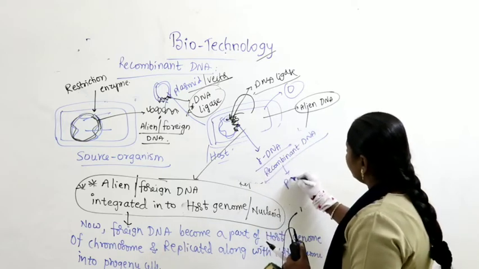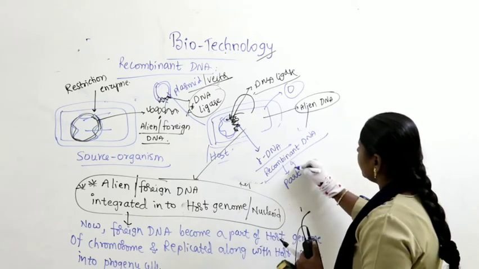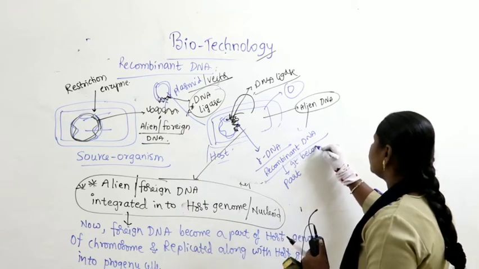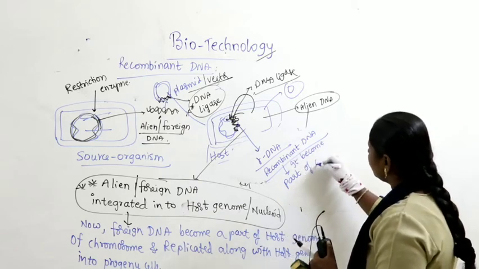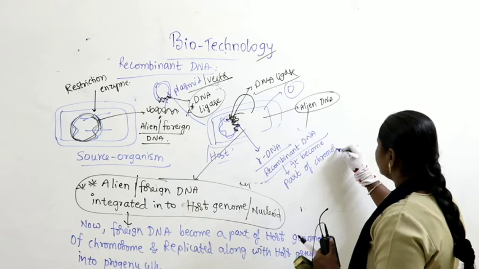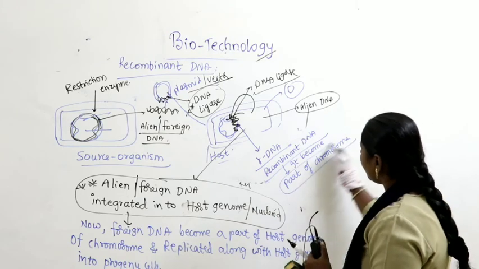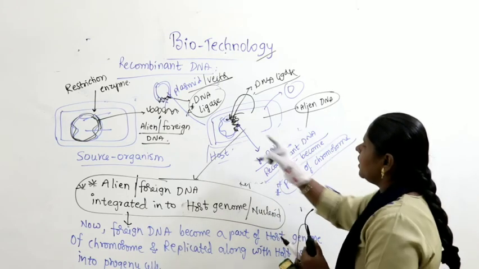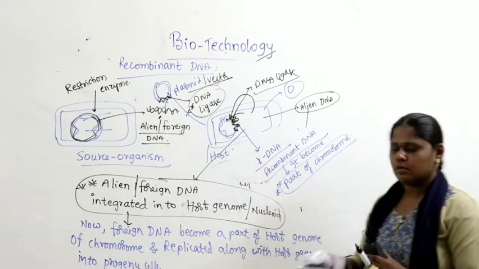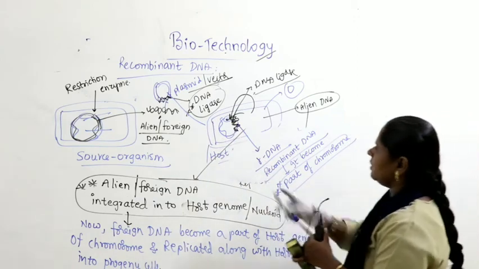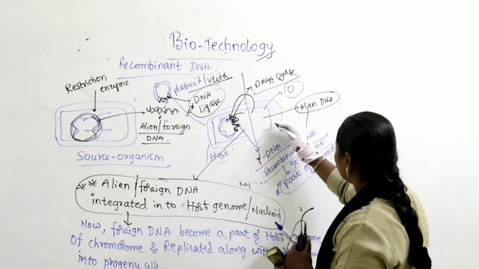Now this recombinant DNA became part of the chromosome. When it became part of the chromosome, it underwent replication, meaning it divides into two daughter cells.